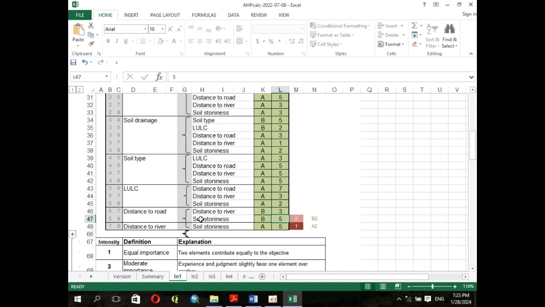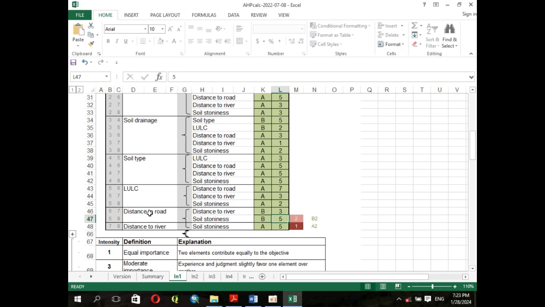Distance to the road with the soil stoniness. Actually this road is very important for surface irrigation suitability, because we need accessibility for markets and the like after we are producing our crops or other products from our irrigation fields.